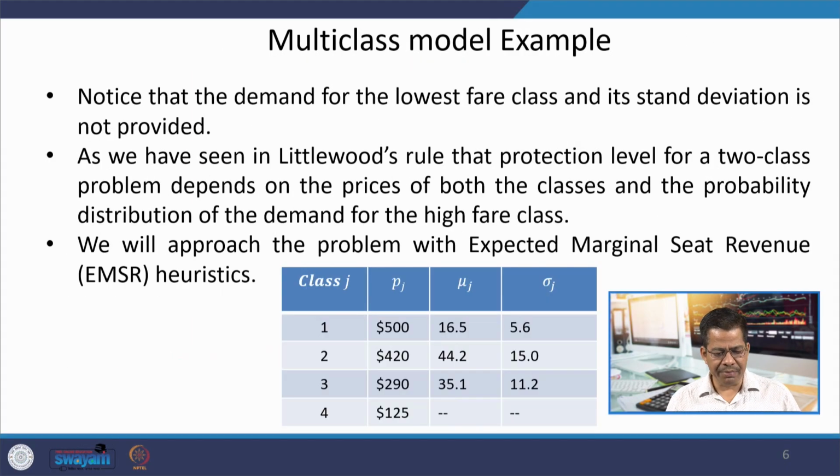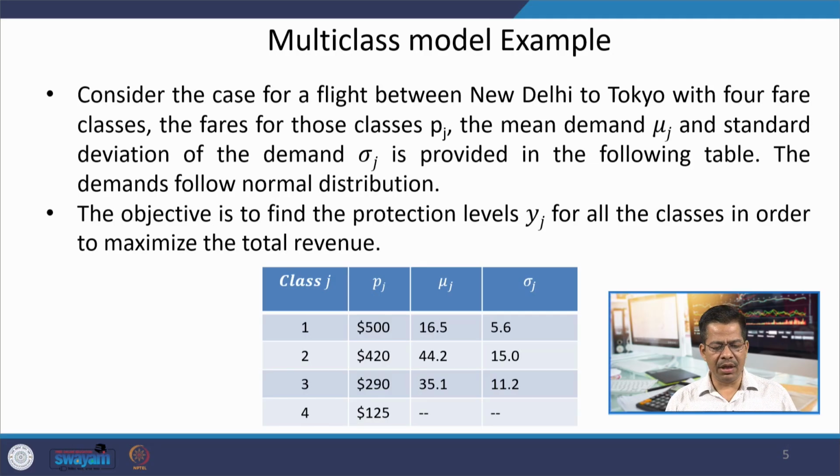For that purpose, we will see this simple example, and here we have multiple classes, and we are given the prices which we are going to charge for these classes. Here we have 4 classes, 1, 2, 3, 4, and the prices applicable: one is the highest fare, full fare, and then 420, 290, and the discount fare is available at 125.